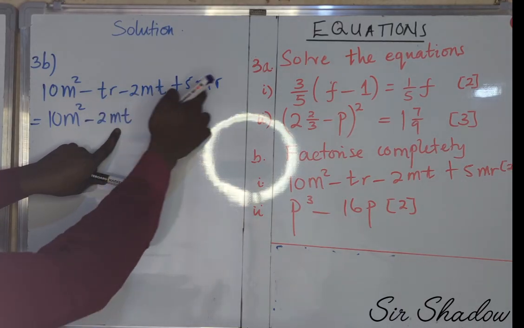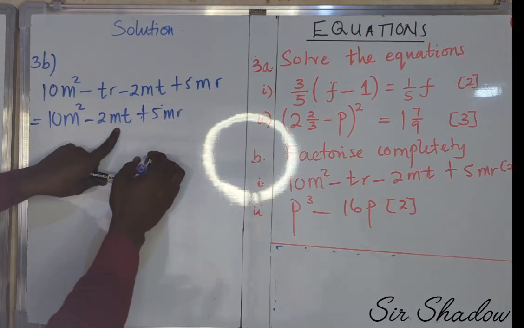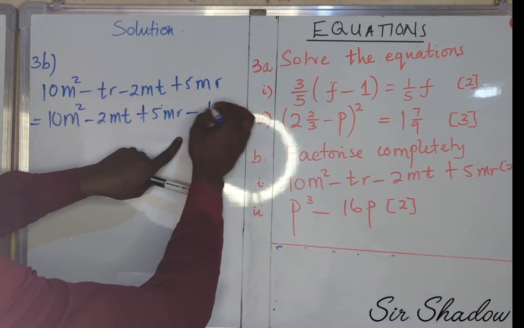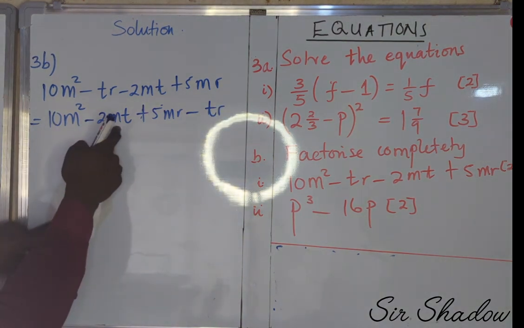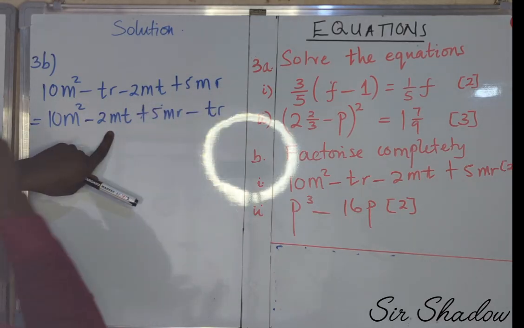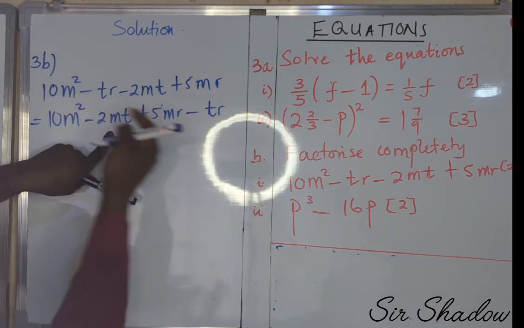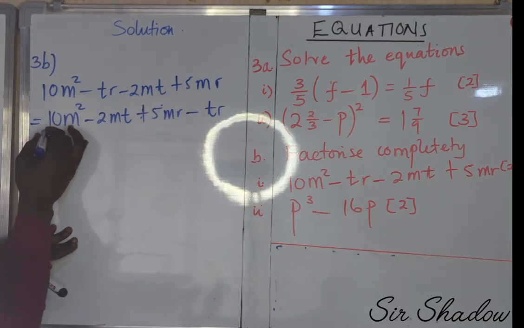So I have to write plus 5mr, now ending with something with a letter t, like what I did here. I take this and write this. So at the end of the second expression, I have to end with an algebra with a letter t. Right. So I have to group like this.